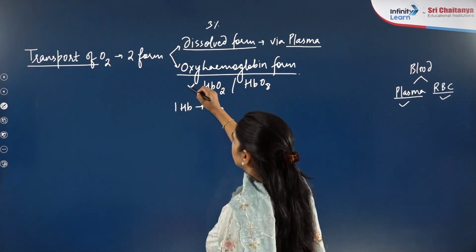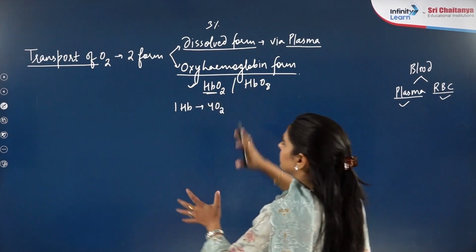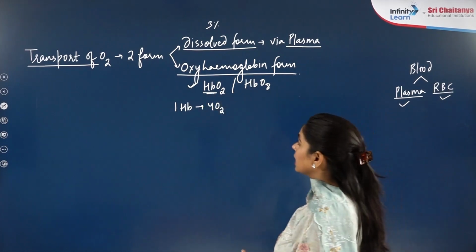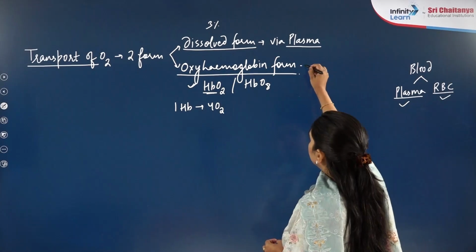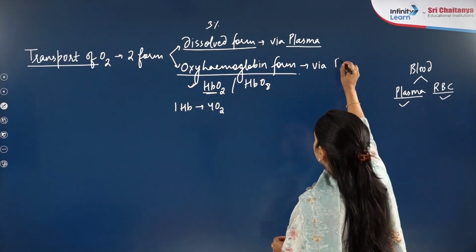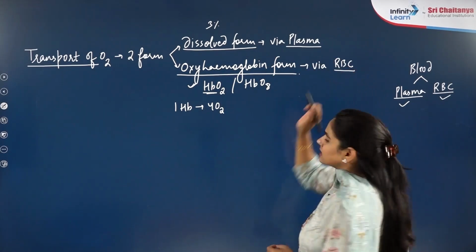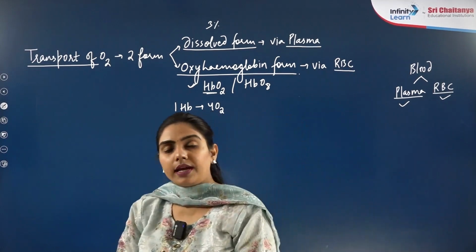But mostly people write it like HbO2. So it is simply oxyhemoglobin basically. In oxyhemoglobin form, it will travel via RBC because hemoglobin is present inside the RBC, right?